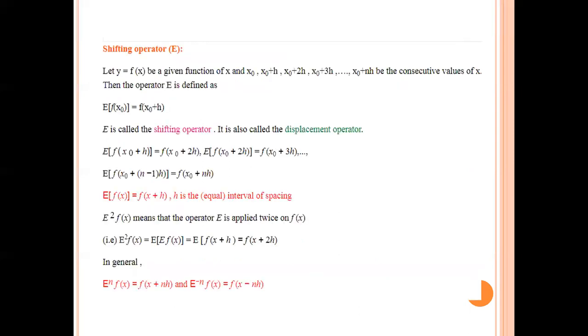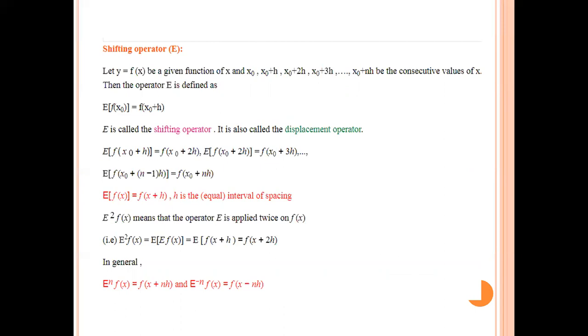Next we are going to discuss the shifting operator, capital E. Let y is equal to f of x be a given function of x and x0, x0 plus h, x0 plus 2h and so on x0 plus nh be the consecutive values of x. Then the operator capital E is defined as E of f of x0 is equal to f of x0 plus h.